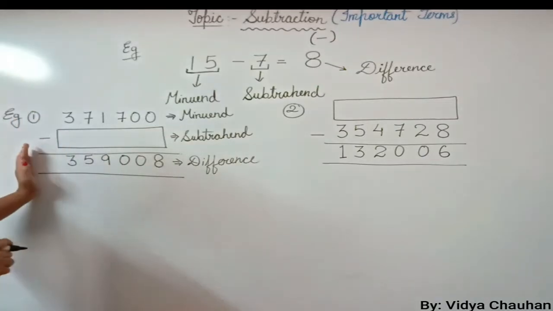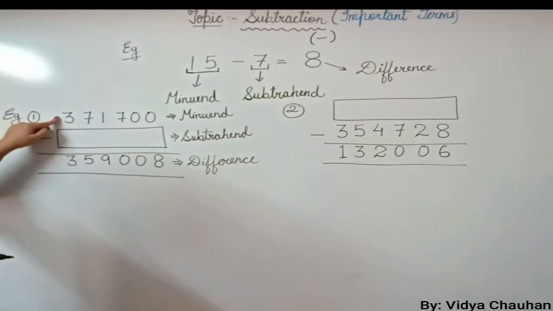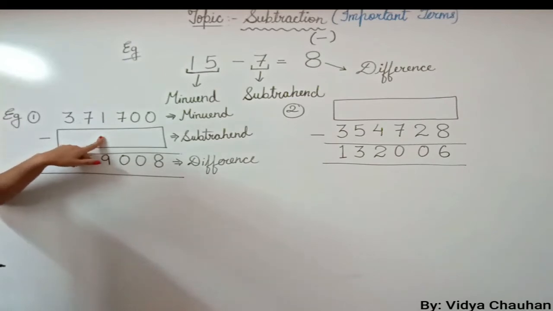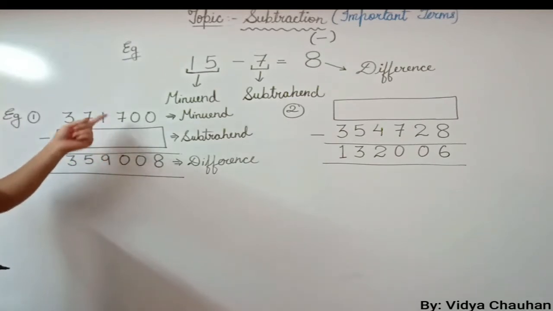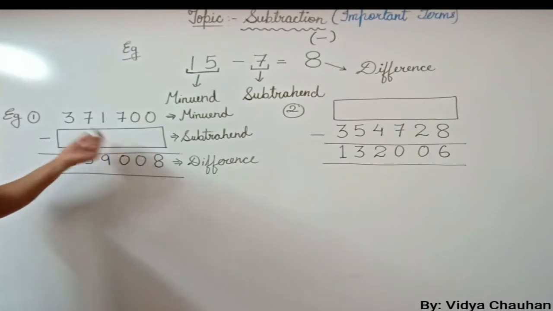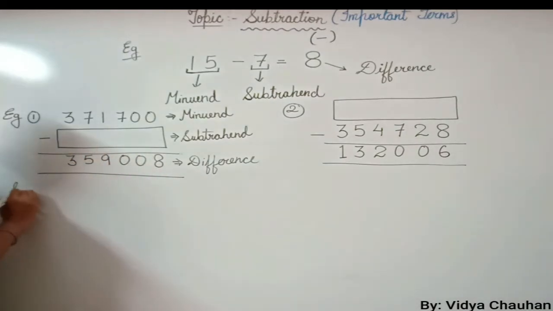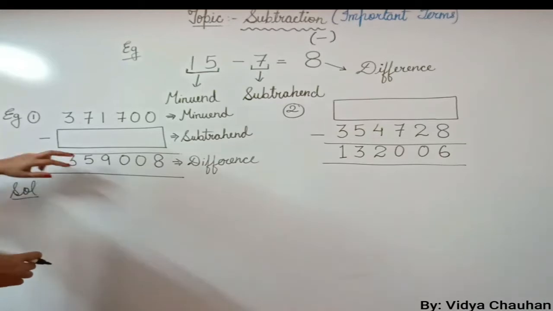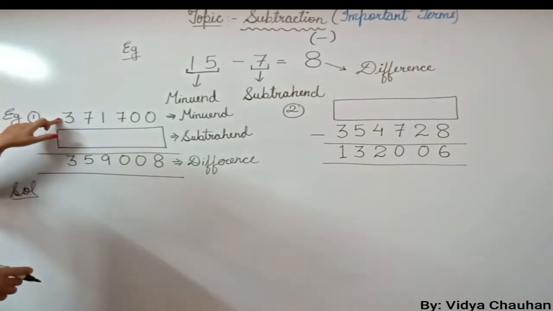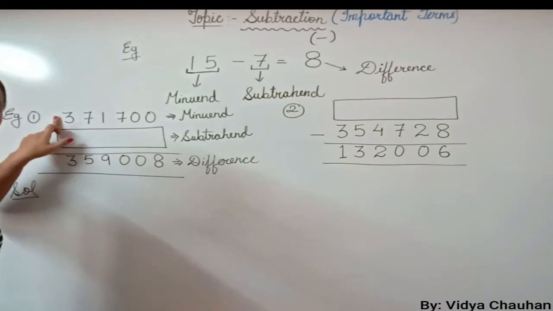According to this example, minuend is given to us, difference is given to us, and what we have to find is the subtrahend. So you have to subtract the difference from the minuend, because minuend is the largest value.